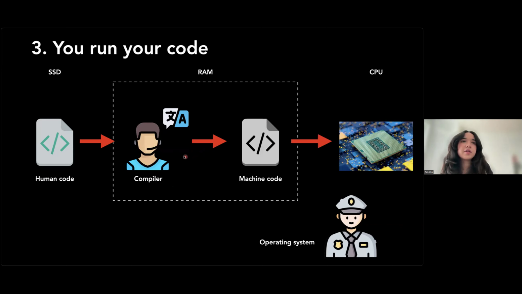Okay, another question. For languages like C, are there many alternative compilers that are more or less efficient or fast? Yeah, for C and C++, because essentially compilers are just pre-written programs.